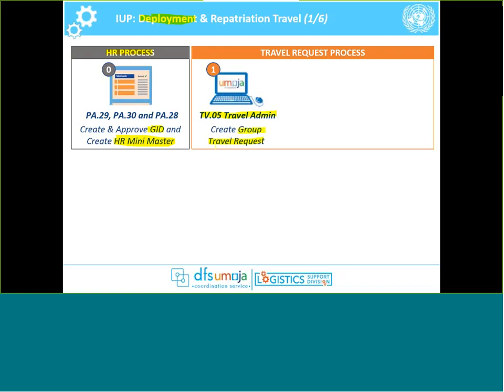So the index number and the HR profile are a requirement that should be fulfilled by the HR office, and it's a requirement for you to raise the travel request.